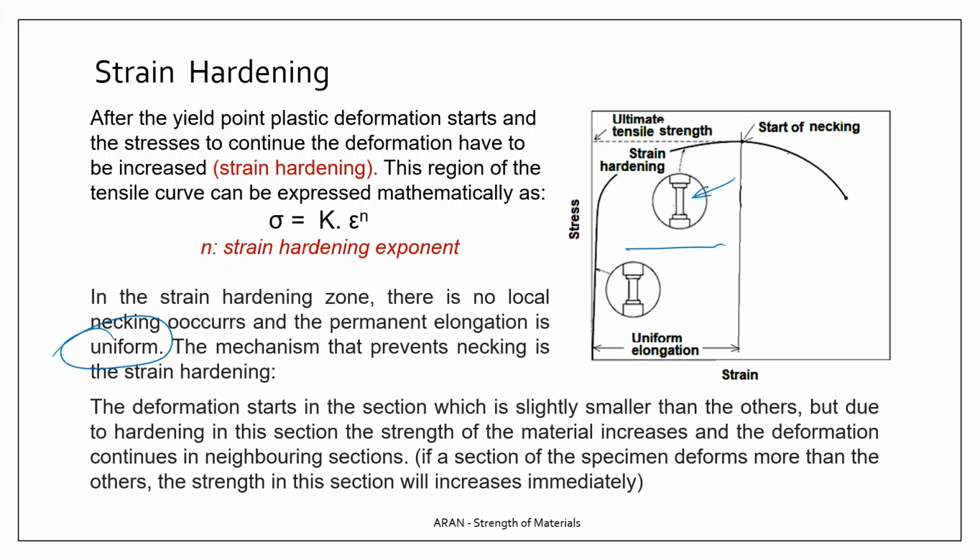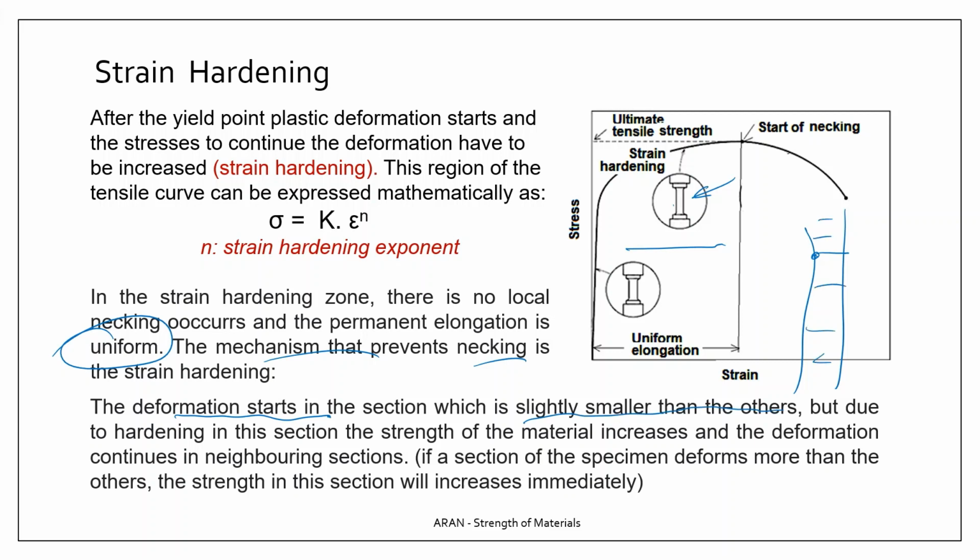So there is no local necking, and the mechanism that prevents necking can be explained so that deformations will start somewhere in the specimen. In the specimen, there will be some cross-section which is slightly smaller than the neighboring cross-sections.